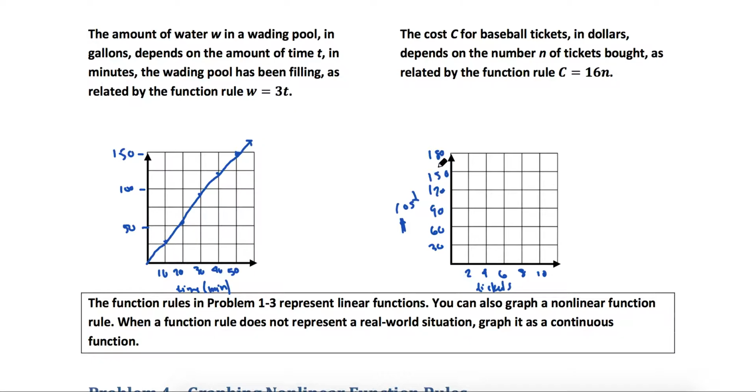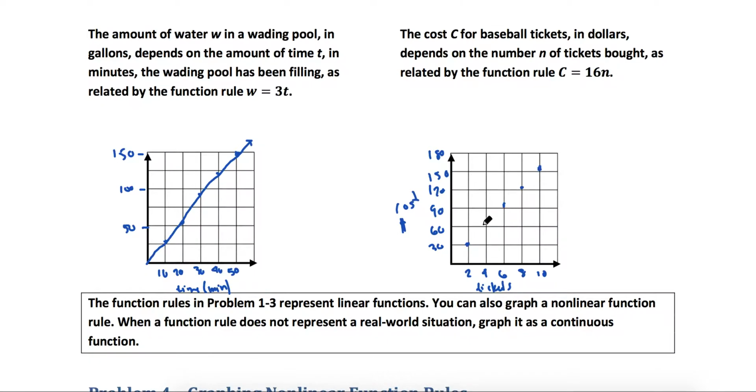Now, most baseball stadiums don't sell parts of tickets, but 2 tickets cost about $32, 4 costs $64. 6 is going to cost 96 there. 8 is going to cost right about there, and then 10 will cost us $160, so right about there.